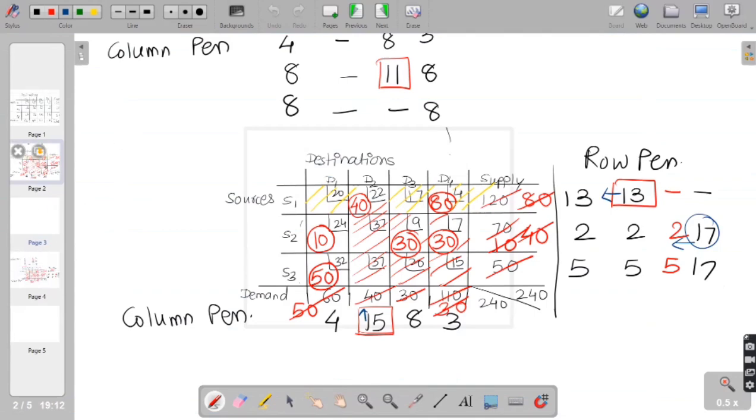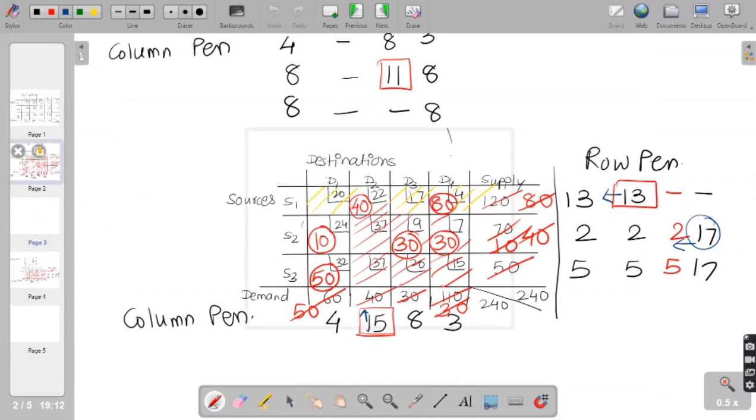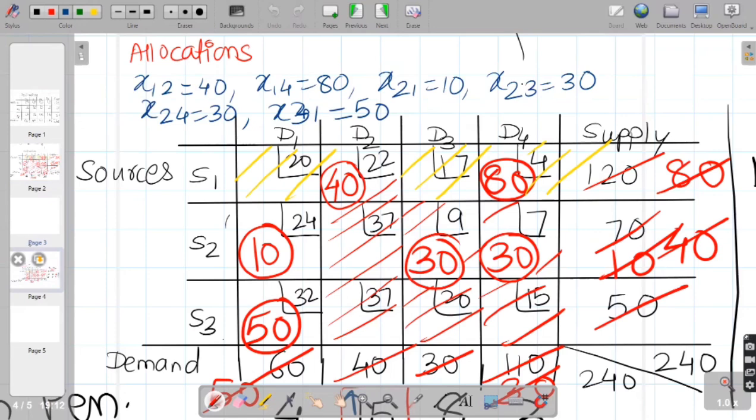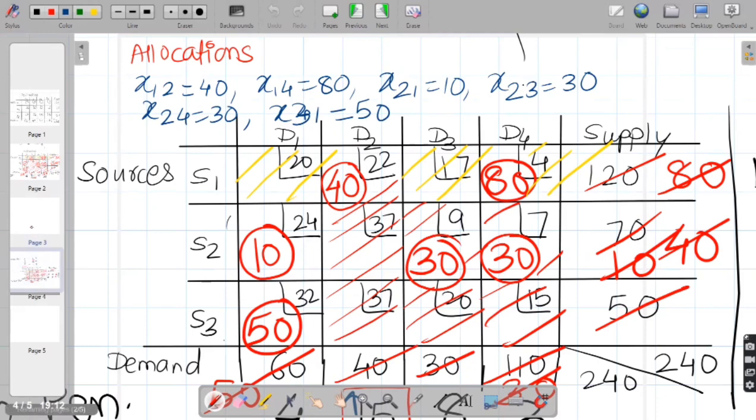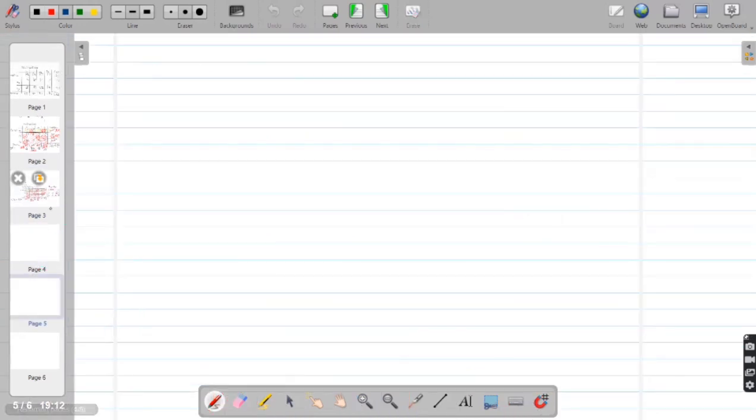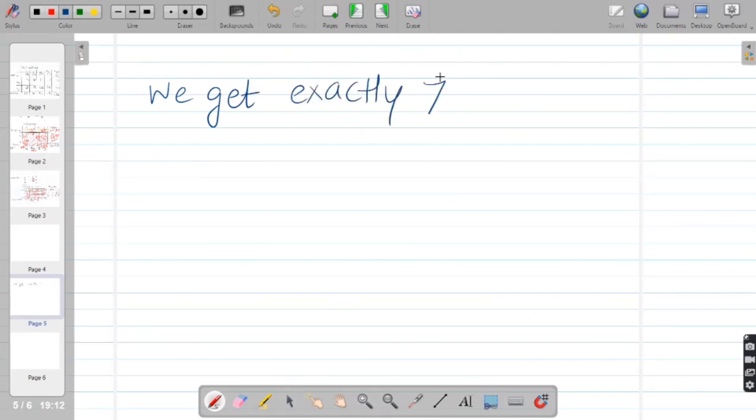Let me tell you once again. Yeah, these are our allocations, and therefore we get, how we conclude this? We get exactly 7 allocations. Allocations means where we have put units.